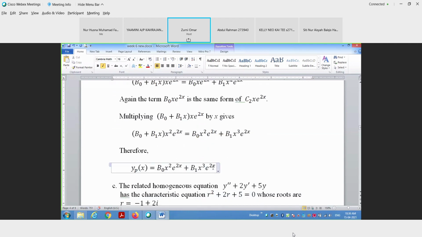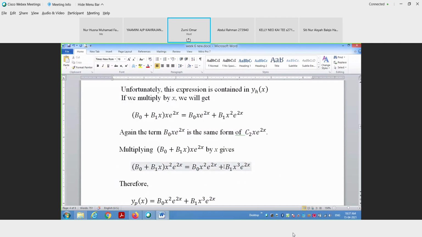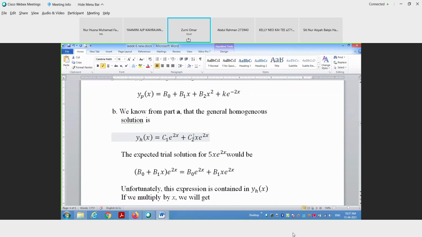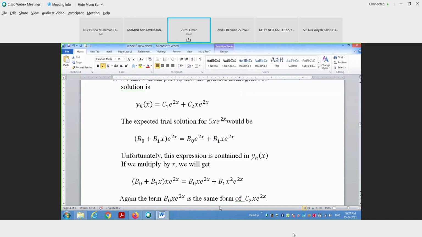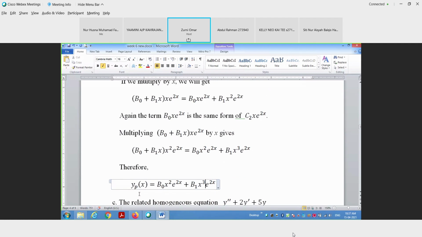So this will be our YP. You have to compare b1 x cubed with e2x also, but they are not the same. So we stop here. So this will be our YP, which is b0 x squared e2x plus b1 x cubed e2x.